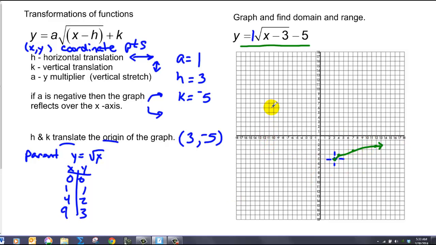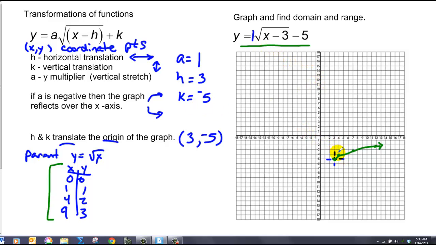You'll notice though, if I plug the point 3, negative 5 into my graph, it checks. 3 minus 3 is 0, minus 5 is negative 5. So that's an actual point on the graph. Once again, these are not points on your graph. They're just used to draw the graph from the translations.